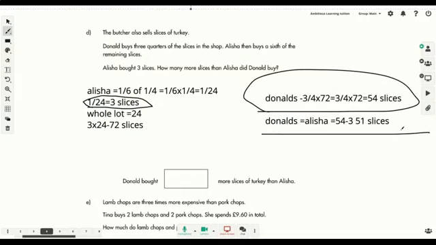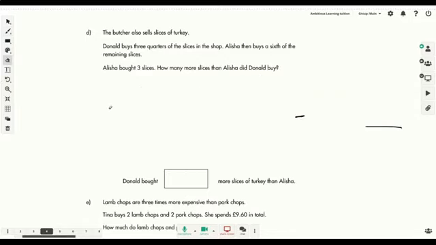And then we just minus Alicia slices. That's 54 minus 3, 51. That gives you 51 slices. Your answer for this one is 51 slices. So let's move on to the next one. I hope you all understood this one.